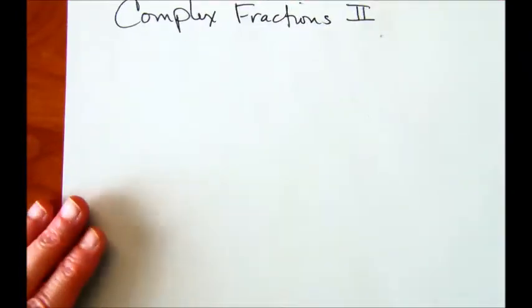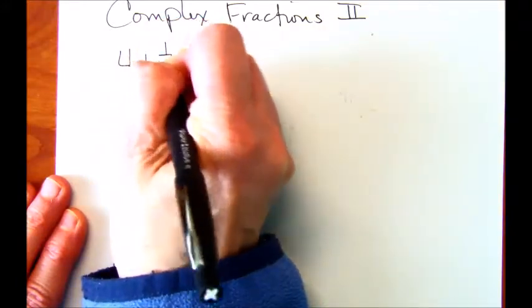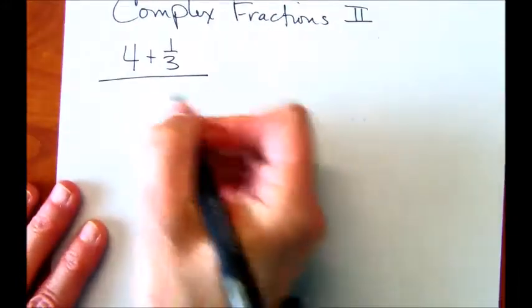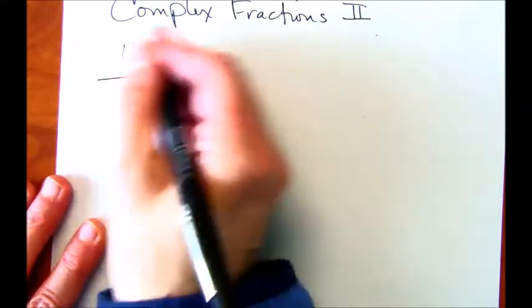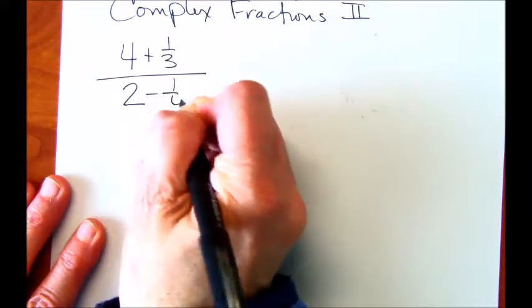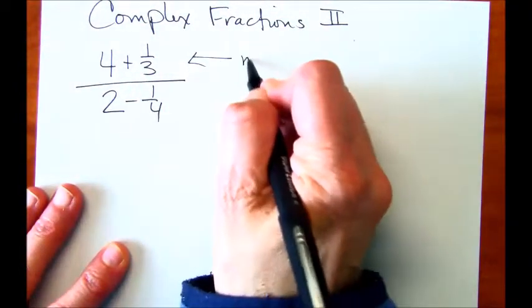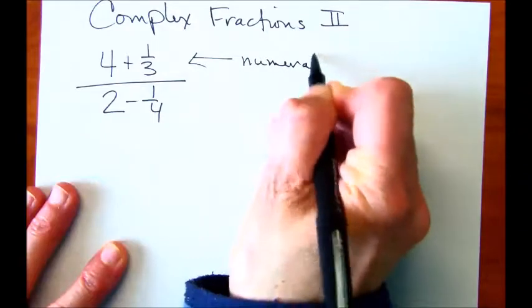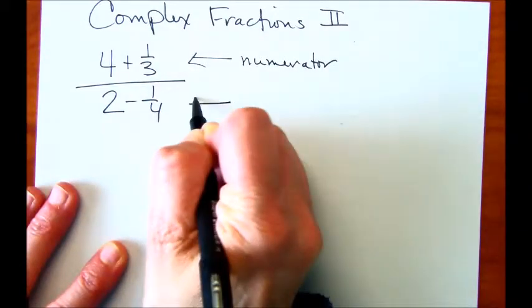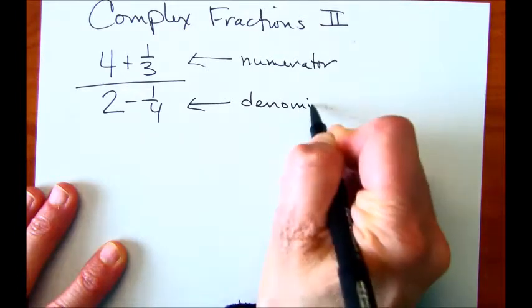Okay, so let's say we have 4 plus 1/3, and this is going to be our numerator, and the denominator is going to be 2 minus 1/4. So this whole thing is the numerator, and then this bottom part is going to be the denominator.